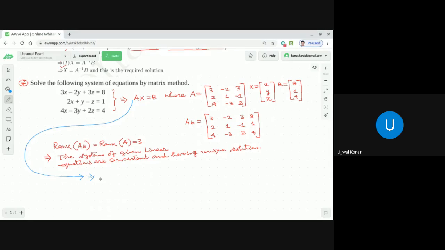A inverse of Ax is equal to A inverse of B. Obviously, A inverse exists because the rank of A is equal to 3. So this implies A inverse of A into X is equal to A inverse of B. Now A inverse of A is I, so I into X is equal to A inverse into B.